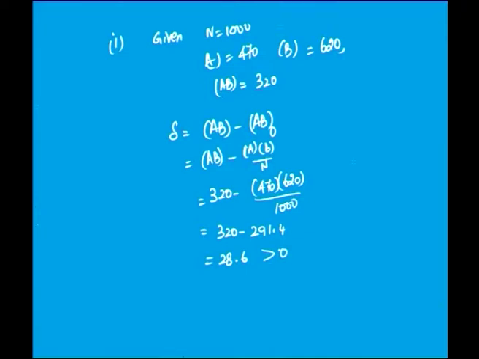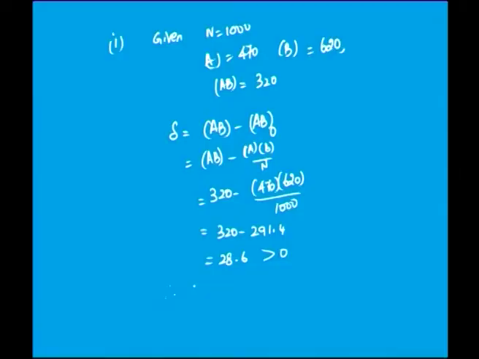It is neither 0 nor less than 0, it is actually greater than 0. Therefore, delta greater than 0 implies A and B are positively associated. Among the 3 conditions given, here A and B are positively associated in this case.